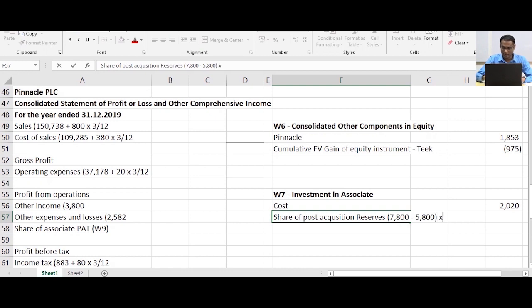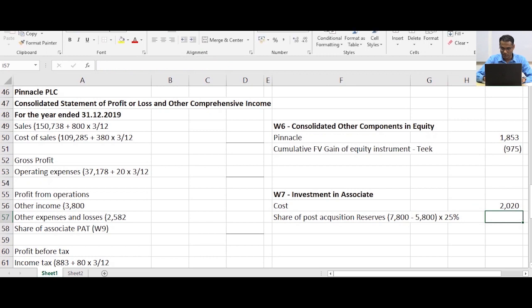Out of that, 25% belongs to Pinnacle. So 7,800 minus 5,800 times 25% comes to 500.